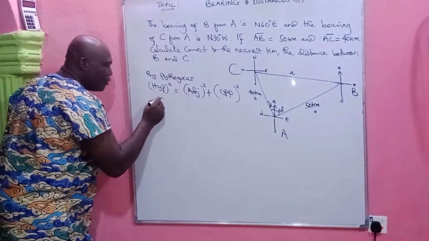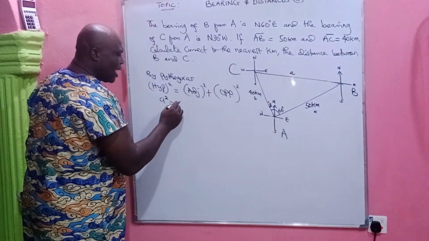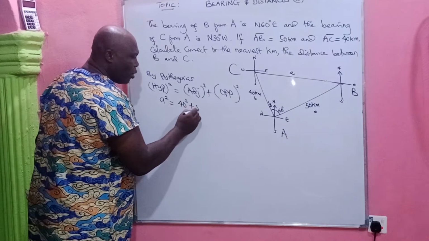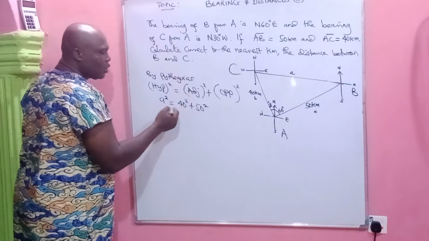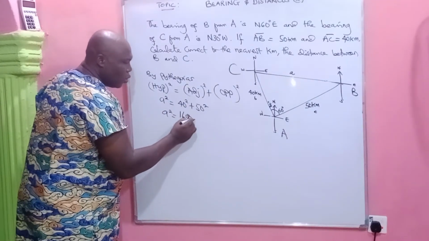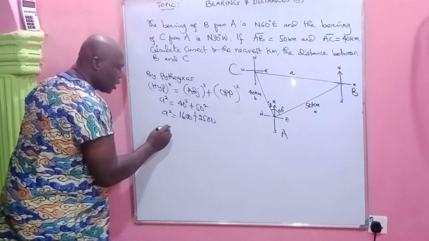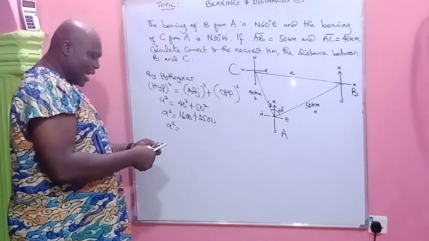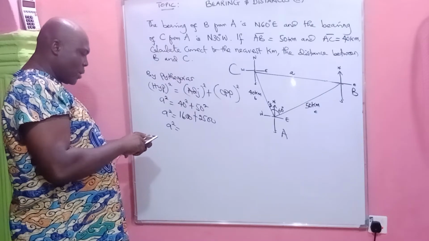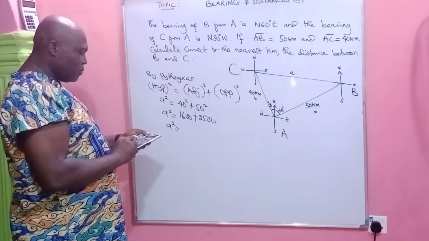So our a squared will be equal to the sum of the squares of the other two sides. So we can use 40 squared plus 50 squared. So our a squared will be equal to 40 squared, which is 1600, and then 50 squared, 2500. So we have 1,600 plus 2,500.